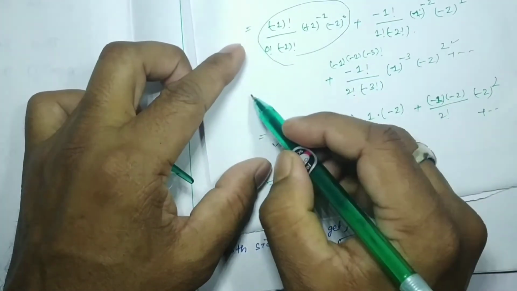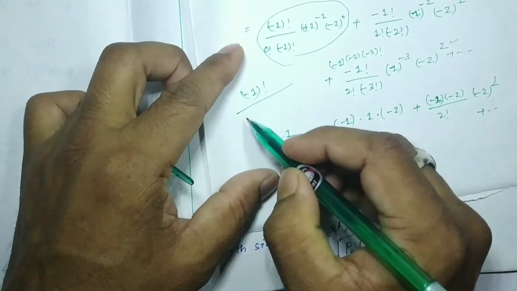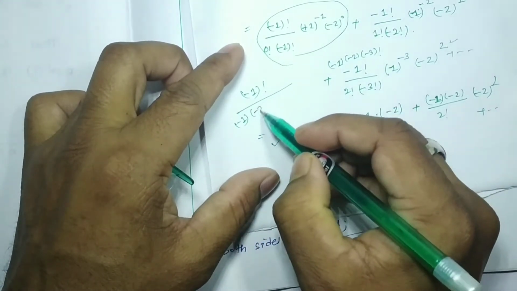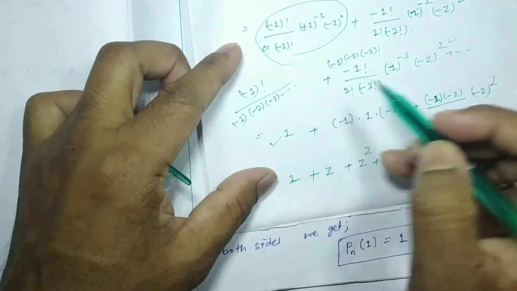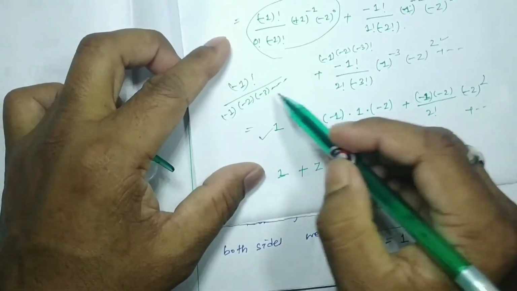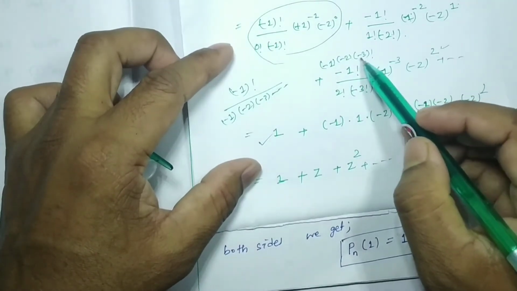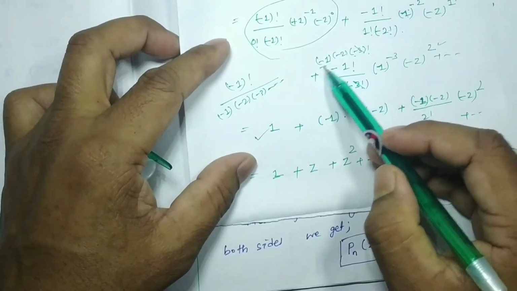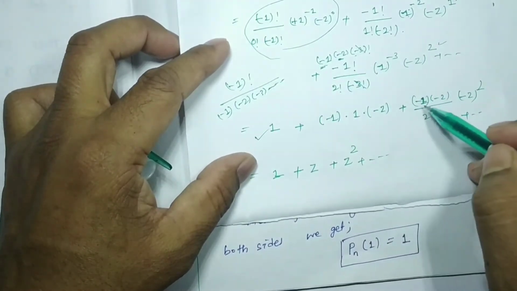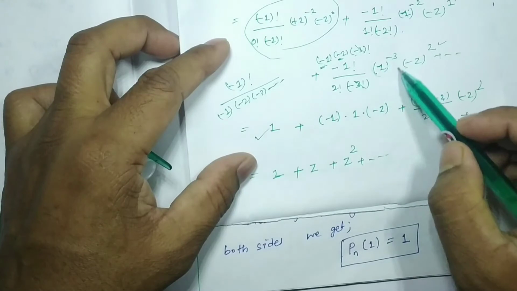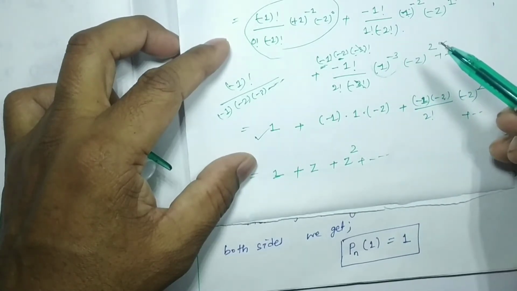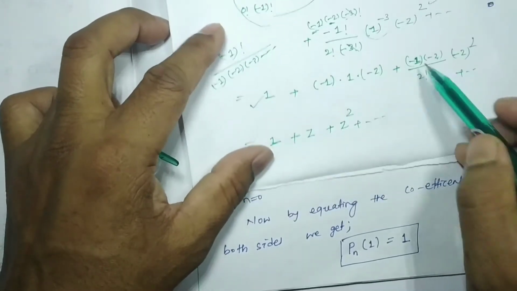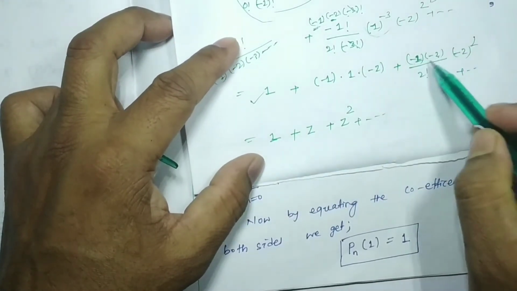You got my point, because minus 1 factorial means minus 1 into minus 2 into minus 3, like this it will continue. So minus 3 factorial will cancel, and we can find minus 1 into minus 2, this value will be 1 minus z to the power 2. So here this will be plus, this will be plus, so 2 got cancelled, we can find z square.